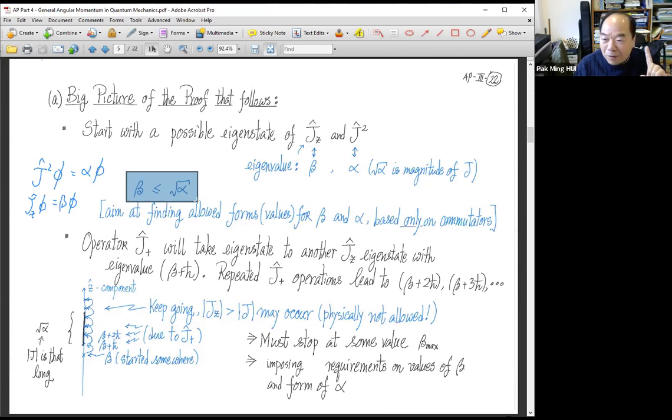Do you understand what this inequality is about? Any question here? Is that okay? Because that will be very simple, but it is very important.